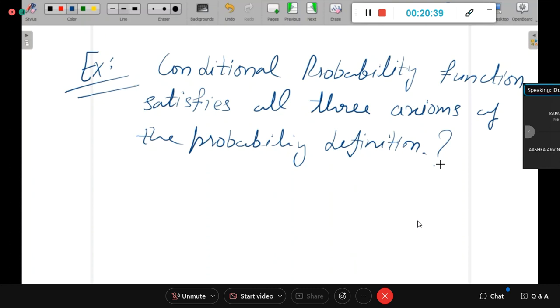That you should work out. That's very simple, it's not a big deal. You only have to use the fact that the right hand side is a probability function.